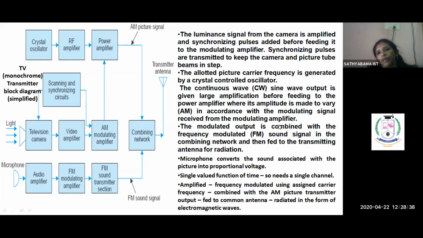That amplified signal is given to the power amplifier, where the amplitude modulated signal and the carrier signal get combined, and we get an amplitude modulated signal. That signal and the frequency modulated signal are combined in the combining network and transmitted through the transmitter antenna. So from the transmitting antenna we get the picture as well as the sound that is generated.